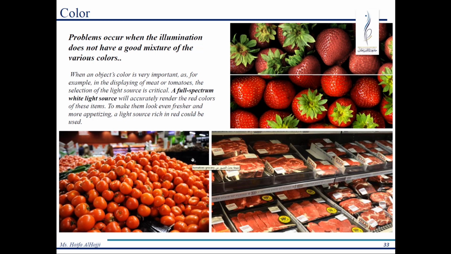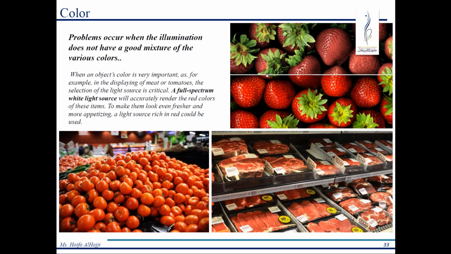Now, this is about the importance of color and light and how we should be careful about that. For example, these points are more for interior designers. If you have a supermarket, to make the red vegetables or the red meat look fresh, the light has to show all the parts of the spectrum of the red color.